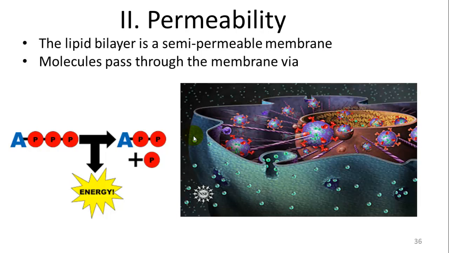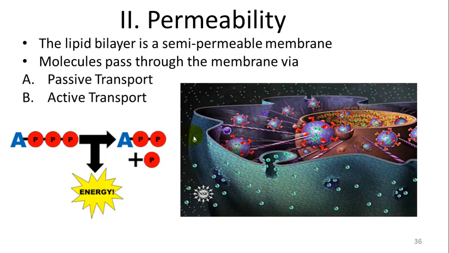And these are passive and active transport. Passive transport occurs naturally without any force involved, without any energy. Active transport requires the use of energy, and the molecule in living things which represents energy is ATP. So that's usable energy in cells.